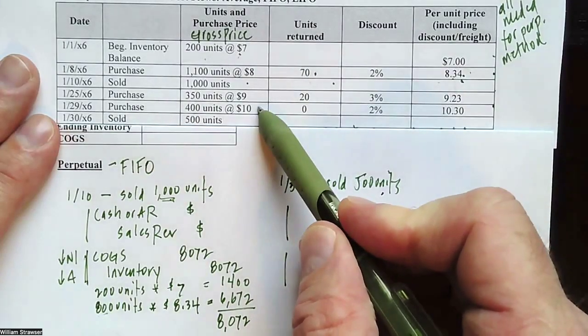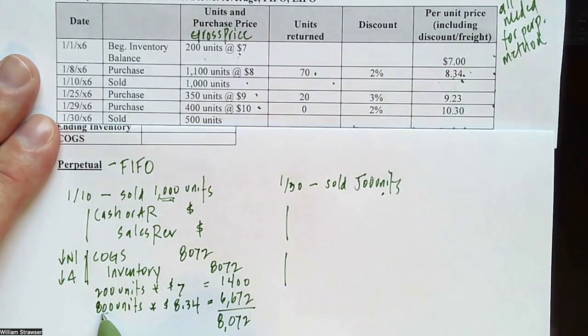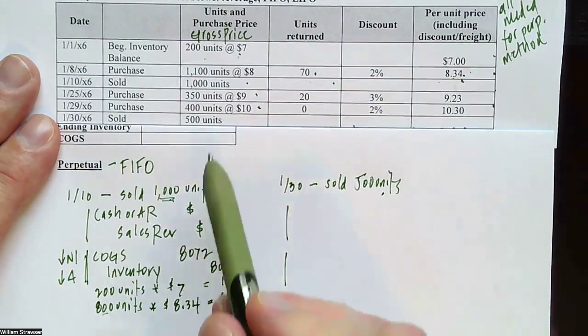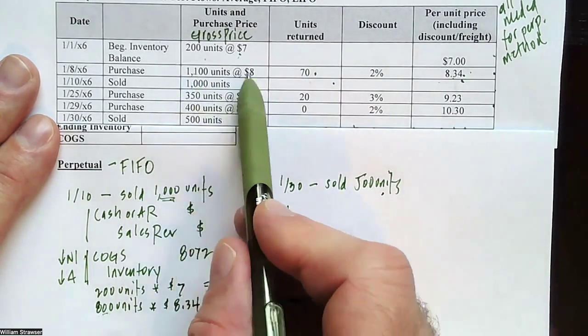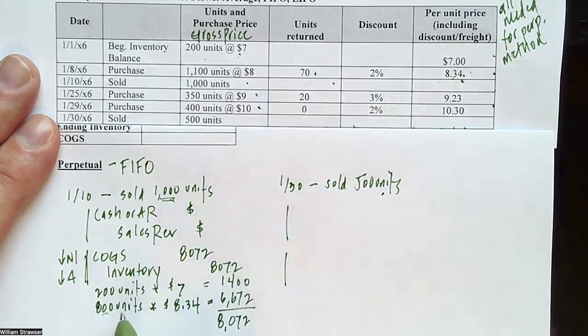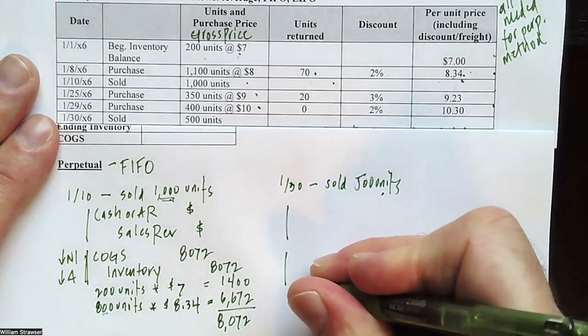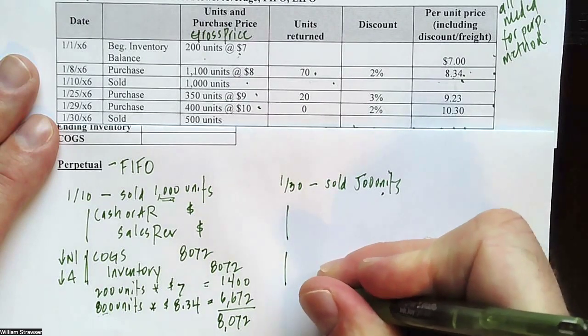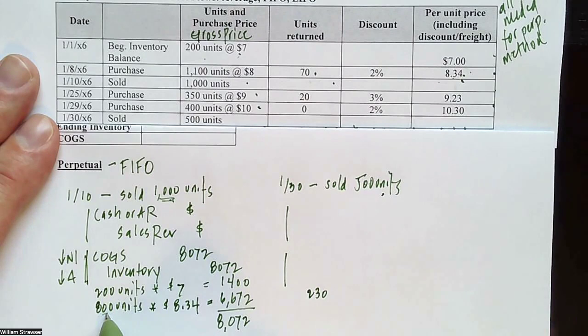Definitely not the 400 here, not the 350 here, because we still have some units remaining from the January 8th purchase. We didn't sell through all 1,030 that I kept. I only sold through 800. So the oldest things that I still had in my inventory, I still had 230 units of those.